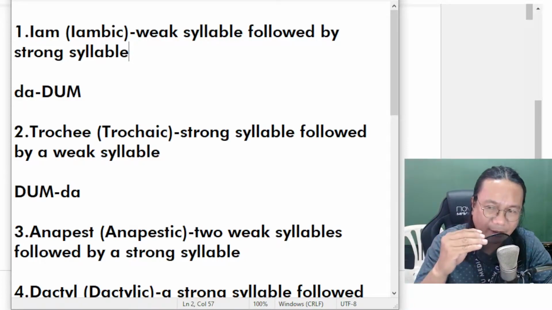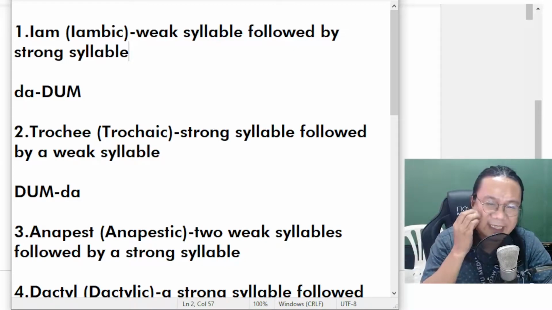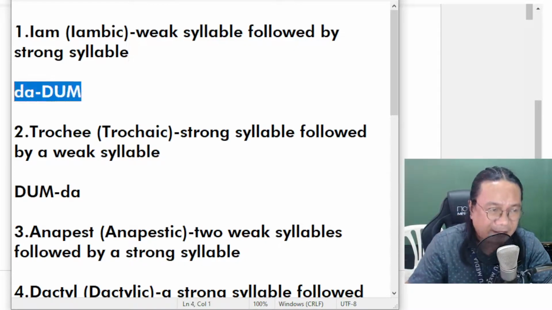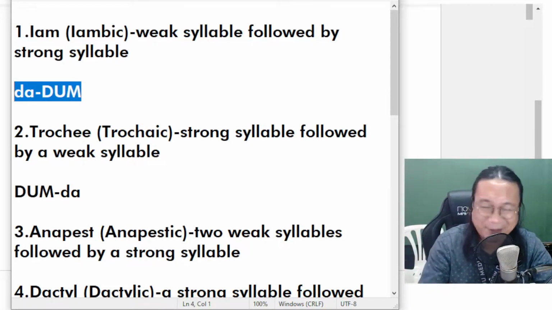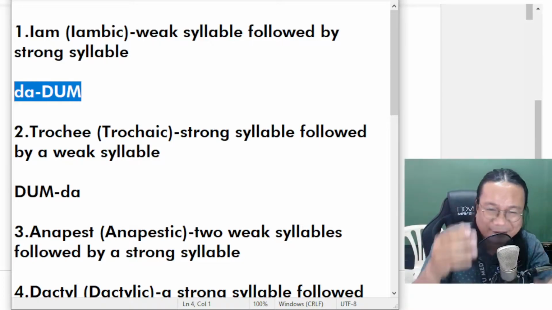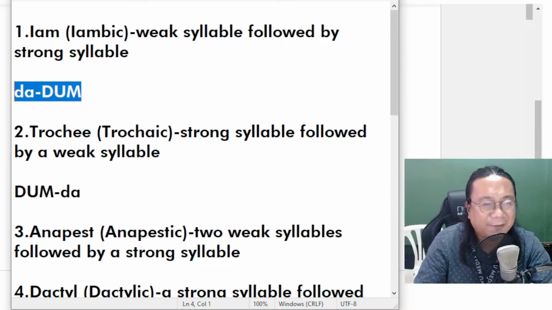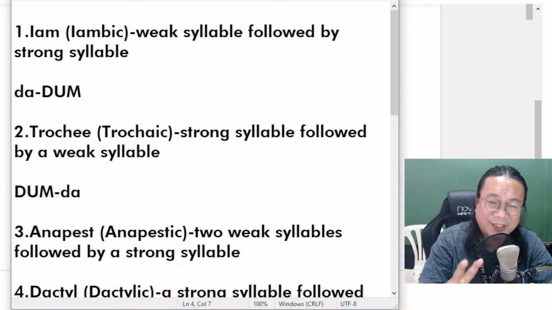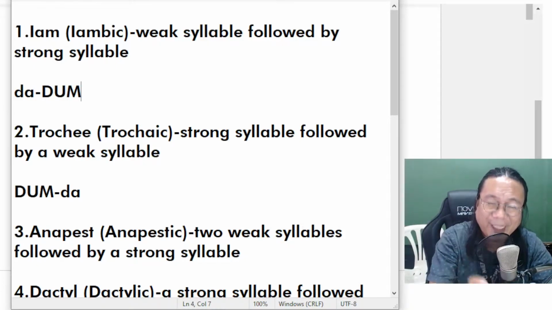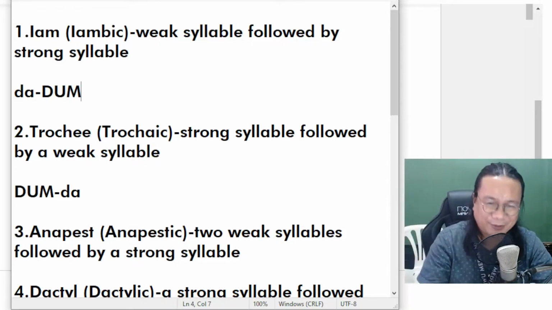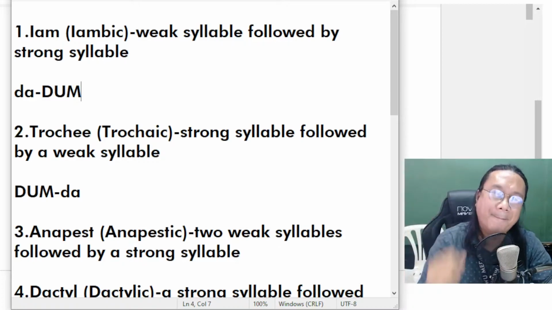So to give you an idea of what it is, it's like this one. It's the dumb. Okay, again, the dumb. I know, right? It sounds funny, but that's the easiest way of remembering it. The dumb. So examples of two syllables that start with a weak syllable, then followed by a strong syllable: I am.